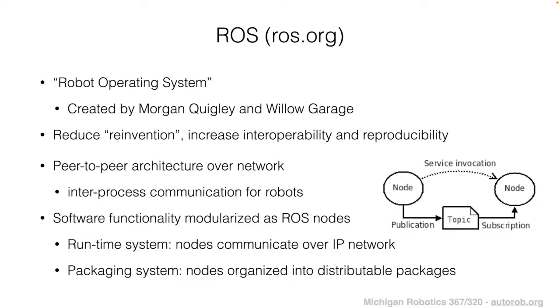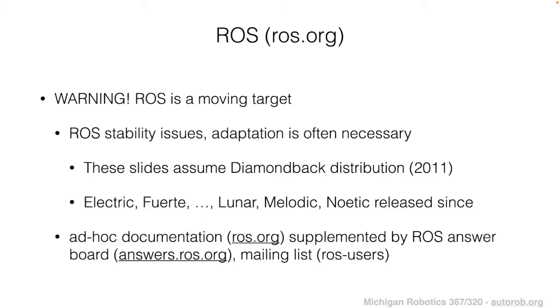In addition, by having standardized packaging systems within ROS, we're able to increase the reproducibility of results by allowing developers to share their software in a way that's modularized and easy to port to new robots. The packaging system within ROS is organized in a form that we're going to talk about in a couple of slides.